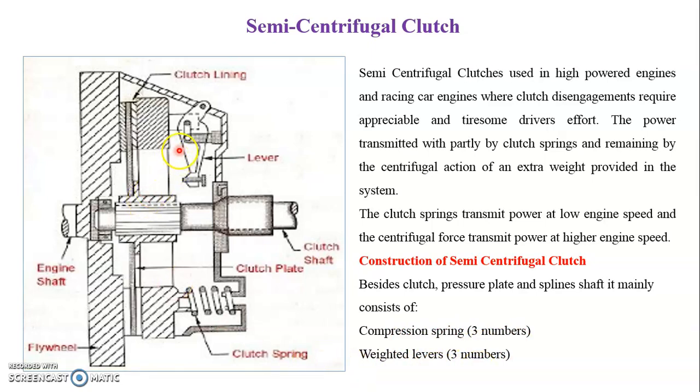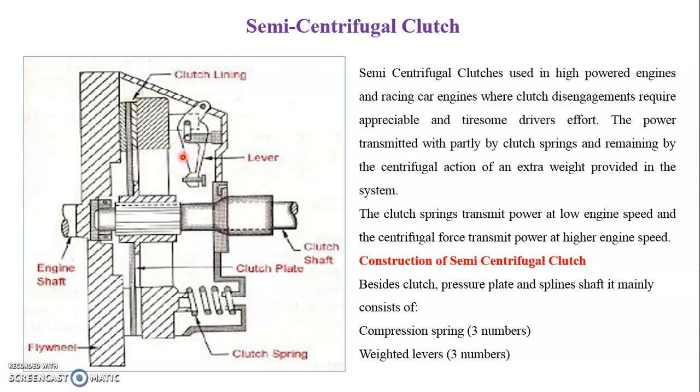In the figure you can only observe one weighted lever and one spring, but otherwise there are three of each, arranged circumferentially over the pressure plate.